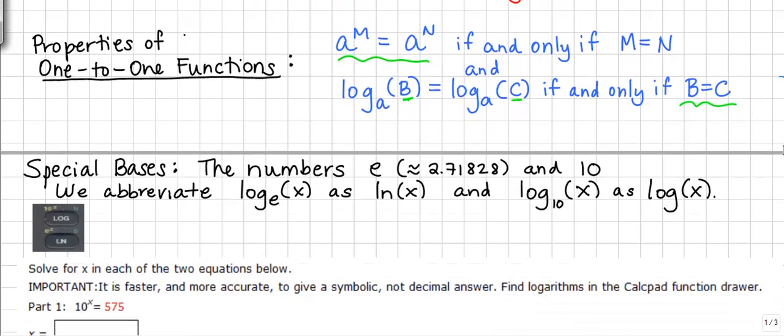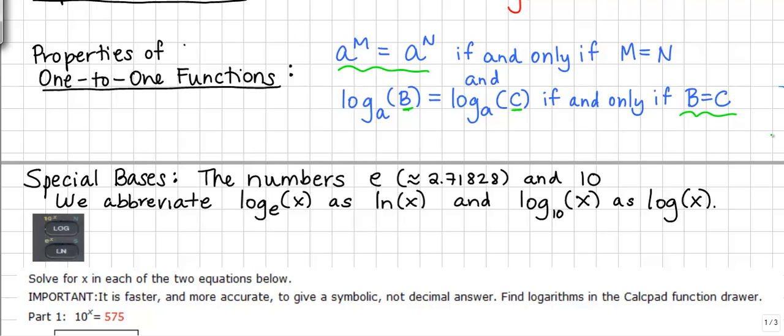Okay, and also I'd like to mention some special bases. Base e, which is the number we looked at when we did some compound interest applications and continuous compound interest. It's approximately 2.71828. And then the number 10, which is what we typically use in base 10 arithmetic.